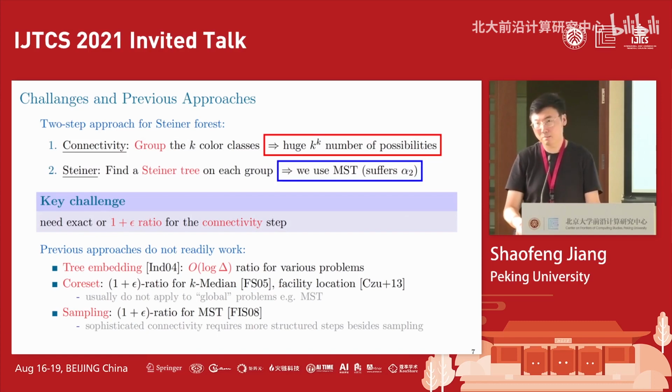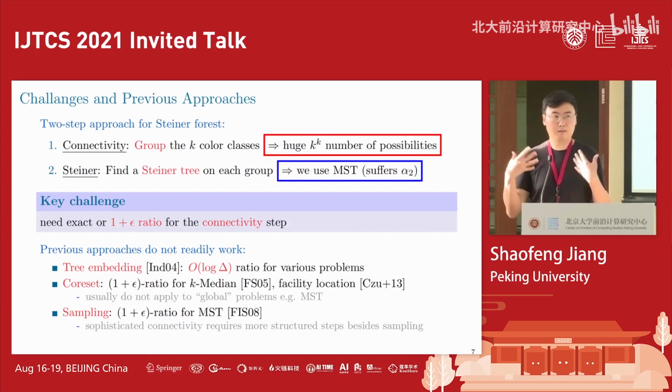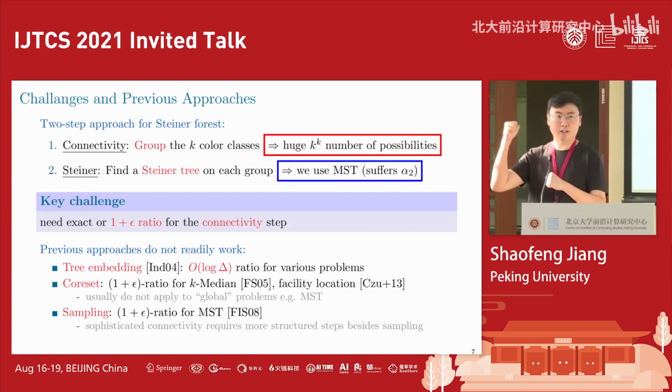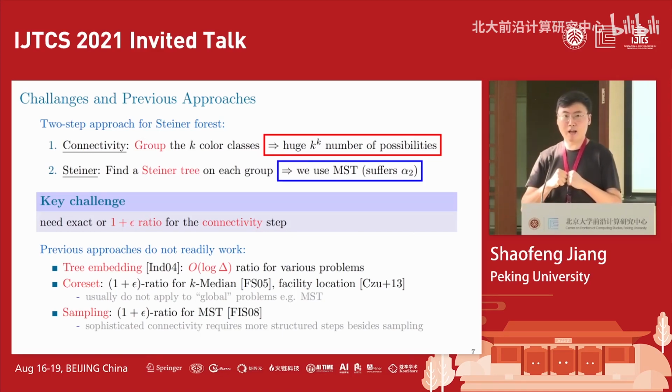For instance, in k-median, what we really care about is not the relationship between the points together, but the relation between points and some k centers. So the real complexity of the problem is actually k. And this kind of approach is unlikely to be helpful for tackling global problems such as MST or our problem.